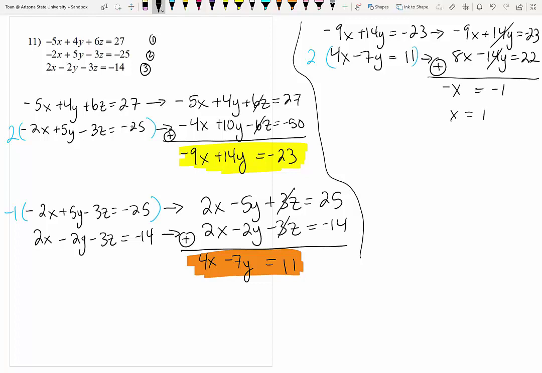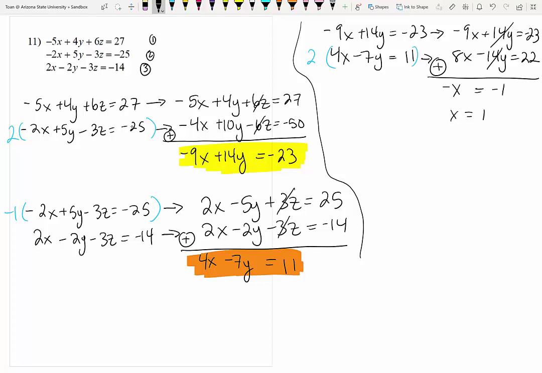Here's the idea. The moment you get a numerical answer, you always substitute it into an equation that has one more variable. So I only have one numerical answer. I'll substitute into an equation that has two variables. And just looking at what we have in front of us, we only have two choices. It's the yellow equation or the orange equation.